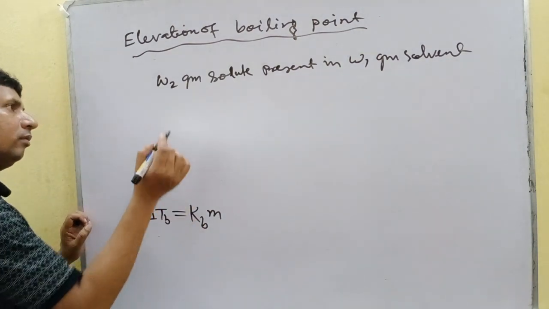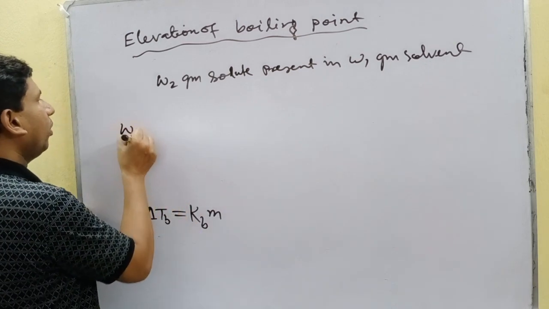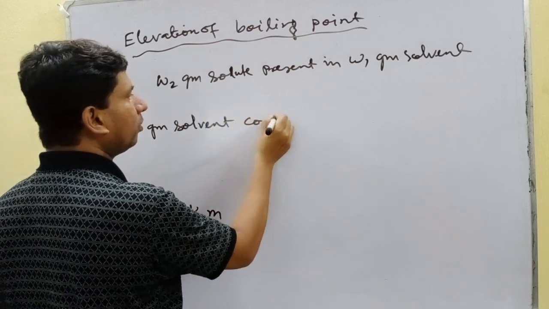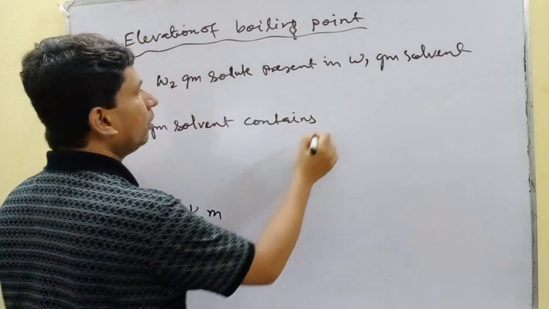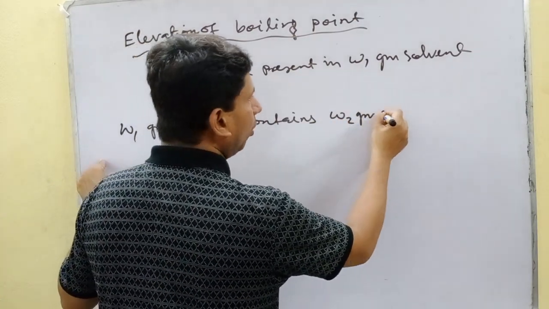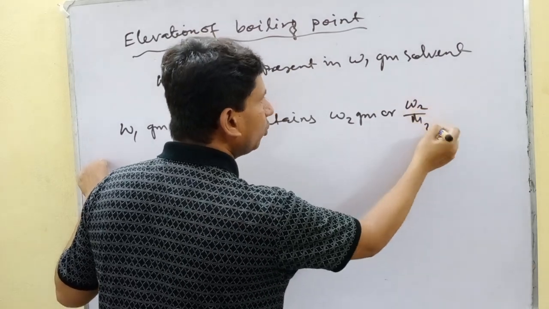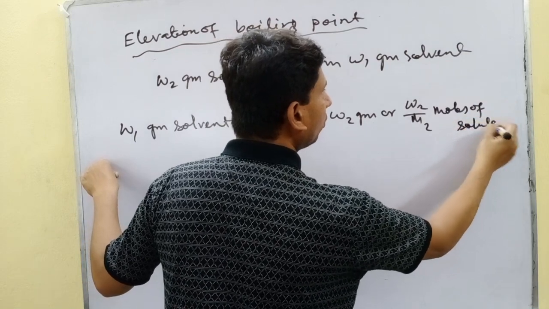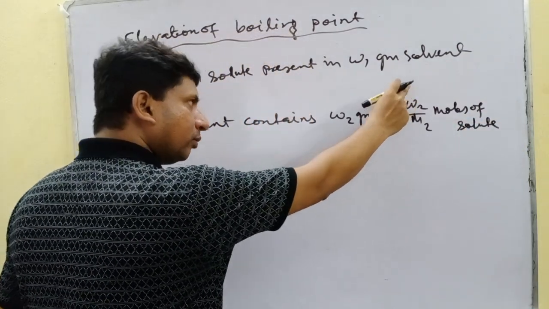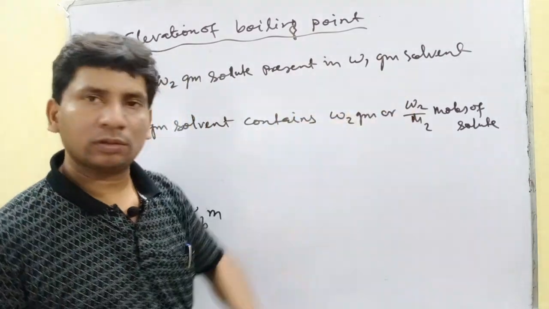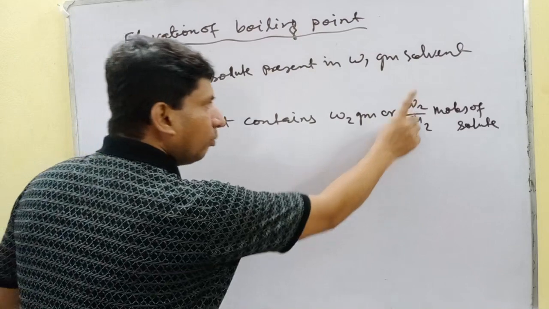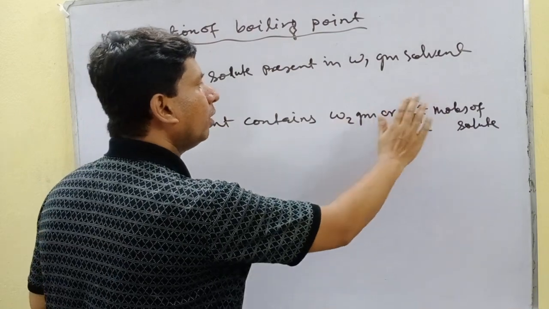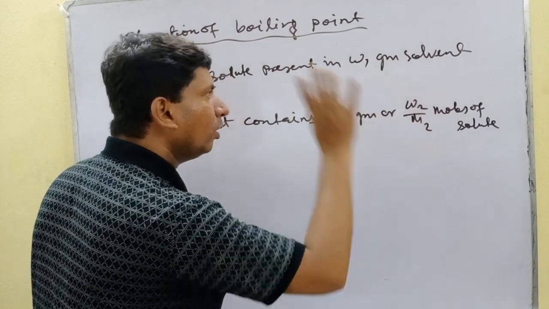So W1 gram solvent contains W2 gram, or W2 by M2 moles, of solute. Number of grams divided by molecular weight is the number of moles. M2 is the molecular weight of the solute.